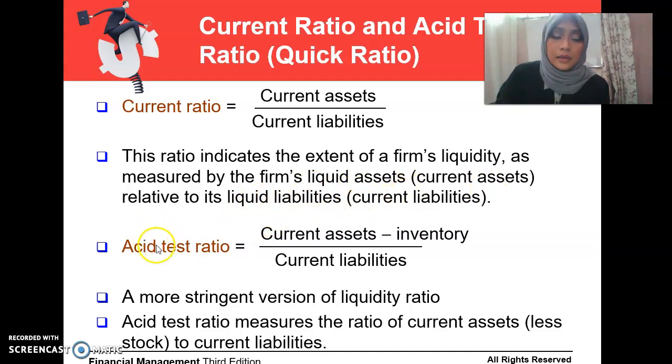Acid test ratio is just the same as the current ratio, but you have to minus inventory. So acid test ratio is current asset minus inventory over current liability. It actually measures the ratio of current asset less the stock to current liability.